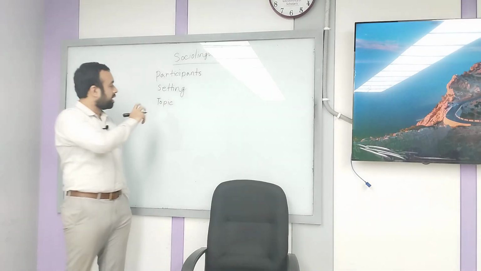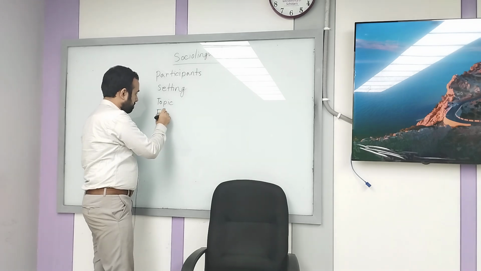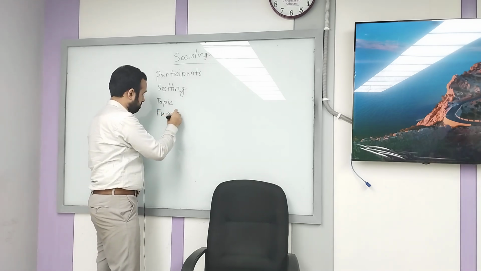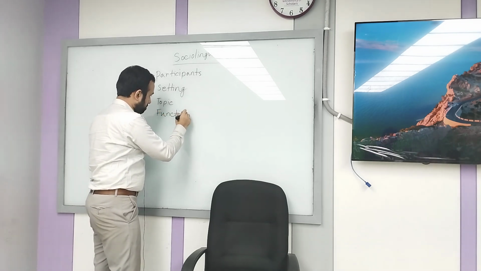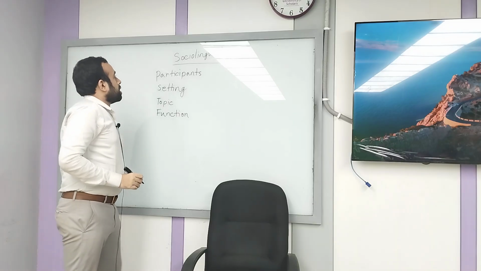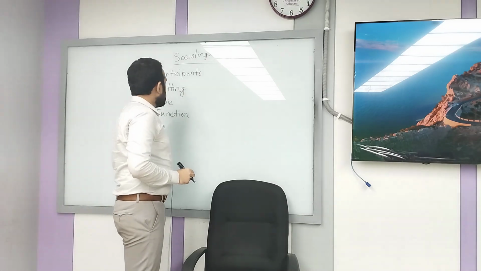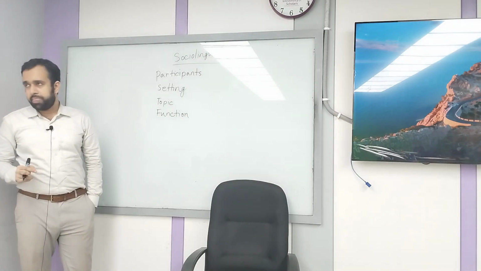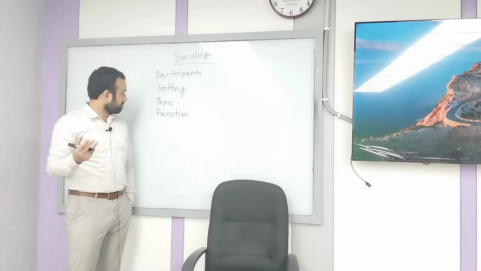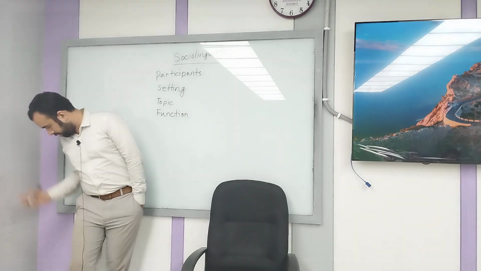That is determined by function. Okay, so participants means people, setting means place, then topic is the topic of the conversation or the main theme, and then function means purpose.